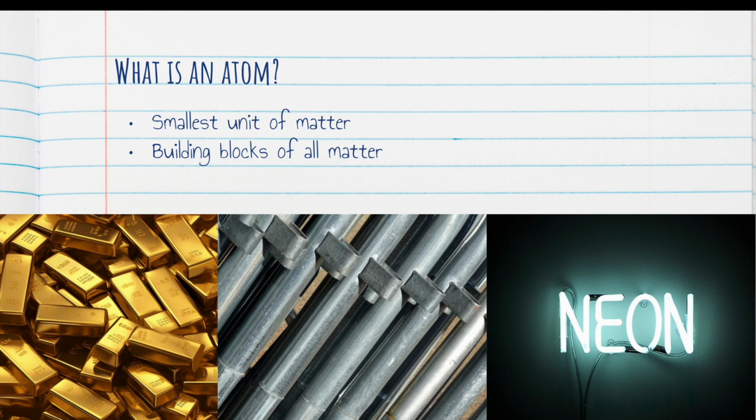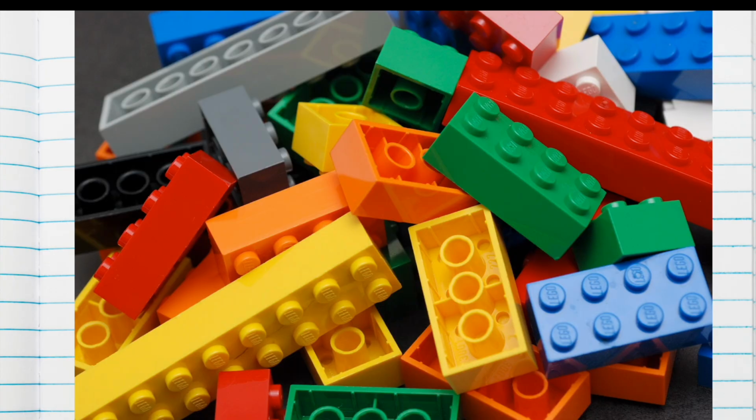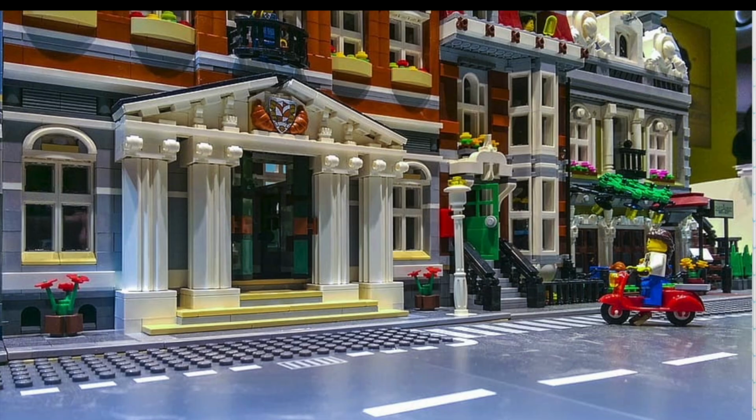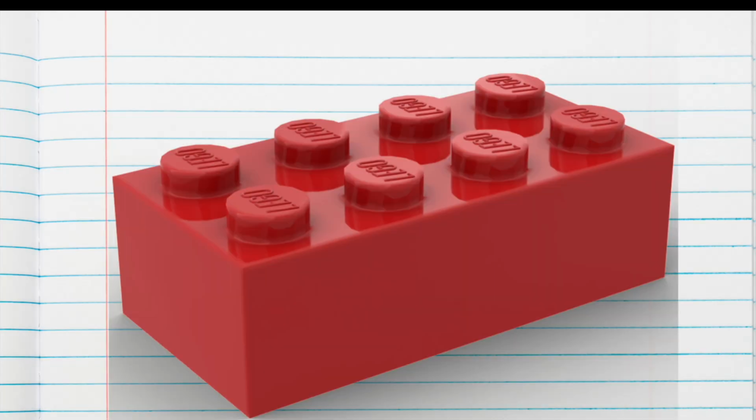So let's dive into this idea of atoms being the building blocks of matter a little bit further. Atoms are very similar to Legos. A singular Lego is a building block, and when multiple Legos are combined and added together, they can turn into these elaborate creations, all because they started with a singular Lego.